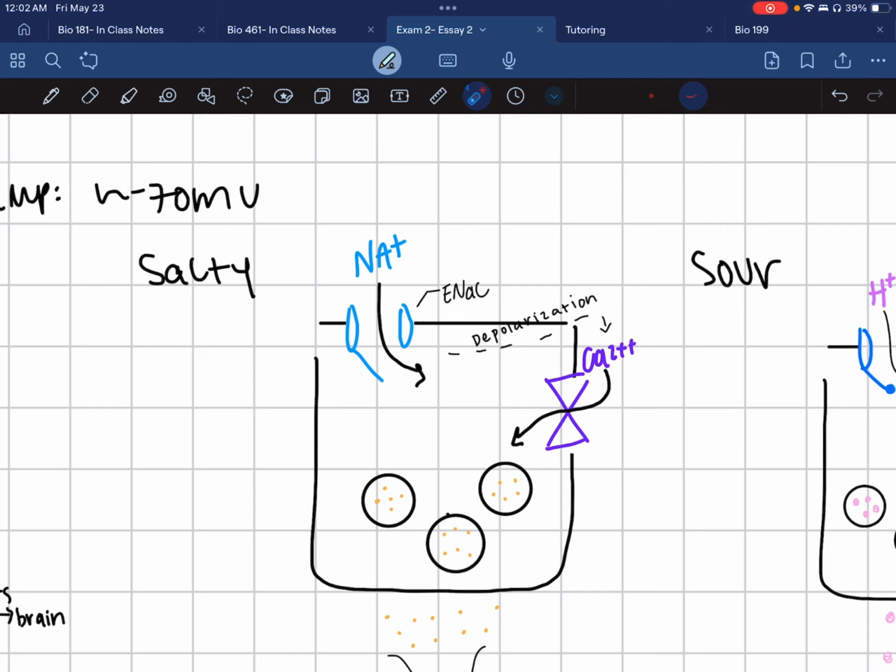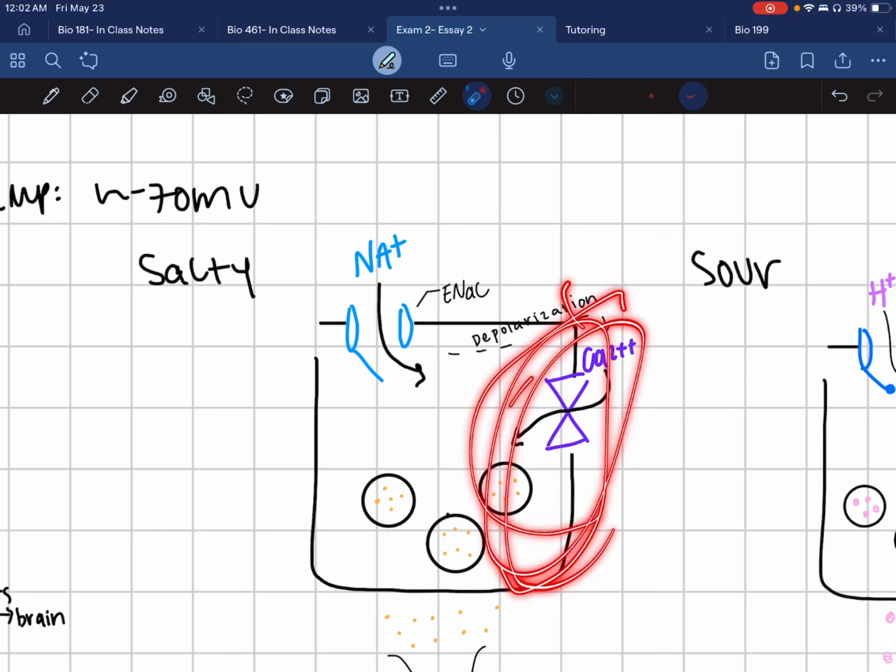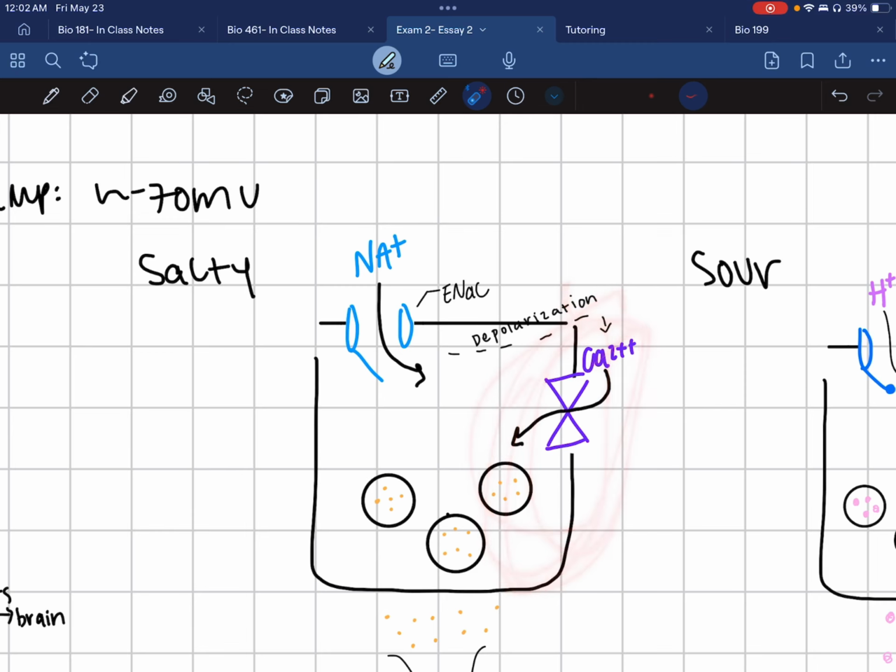We don't know what the neurotransmitter is, that's the thing. So we just say neurotransmitter is released from the basal membrane of the taste receptor cell, and then when the tastant interacts with the apical surface of the receptor cell, it creates a depolarizing receptor potential, and this is going to cause the opening of calcium channels on the basal surface, which technically would be down here, but for our purposes, it's right here.